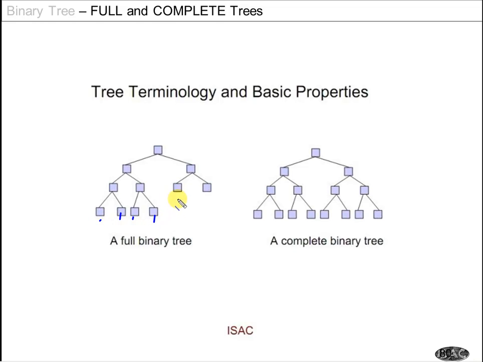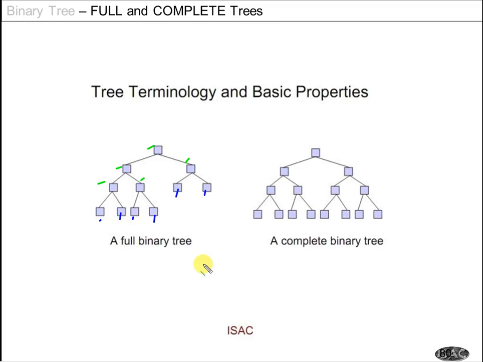We have to find the non-leaf nodes. So the non-leaf nodes are this, this, this, this, and this. Now check, does every non-leaf node have exactly 2 children? Yes. It means it is a full binary tree.